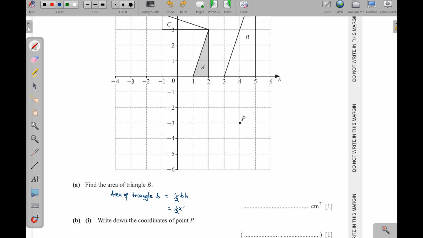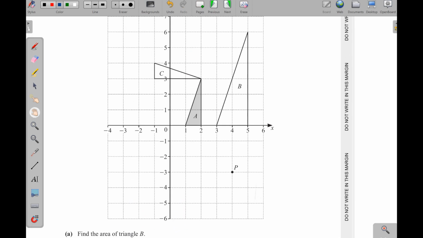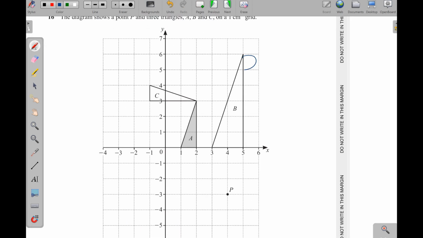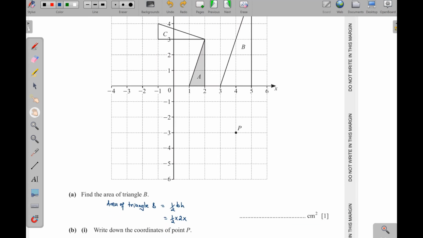So I'll have 2, then times the height. The height is 1, 2, 3, 4, 5, 6. So 6 units. So times 6 here. Then these 2 will cancel with that, and then we remain with the 6. So that will be 6 centimeters squared. You see that?